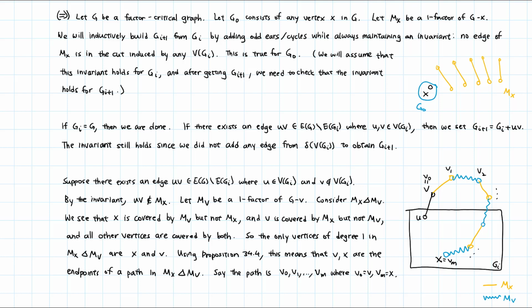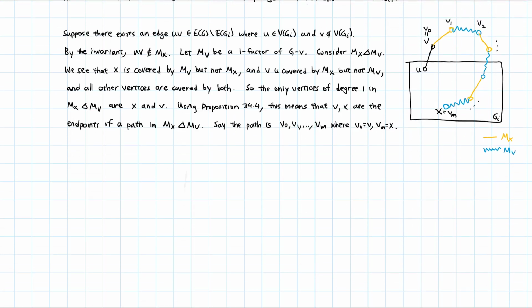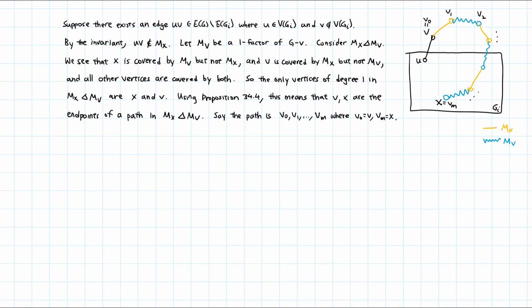We can see an ear forming on this path. We start with v0 that is outside of G_i, and we let j be the smallest index such that vj is inside G_i. So it is the first vertex that is in G_i. And this exists because the last vertex, vm, is in G_i.